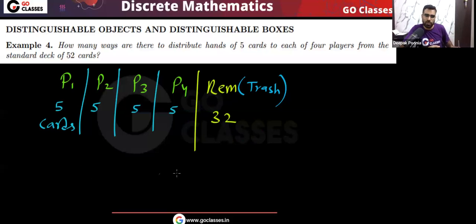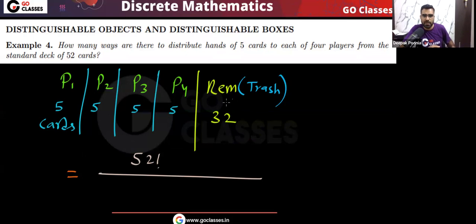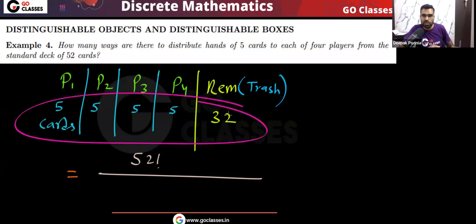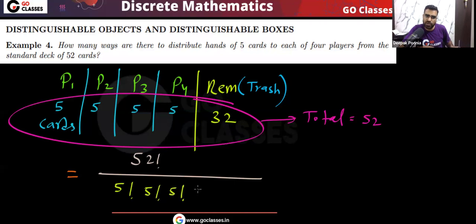Now you can apply the direct formula, and the answer will be 52 factorial divided by, because remember, now the total is equal to 52. Now we have distributed all the 52 cards. So the direct formula gives 52 factorial divided by 5 factorial, 5 factorial, 5 factorial, 5 factorial, and 32 factorial.